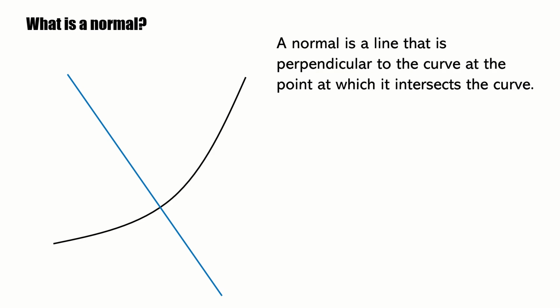That means also, as a side effect, a normal is always going to be 90 degrees to the tangent to the curve at that same point as well. Therefore, again, very similar to a tangent, you're going to find the equation of a straight line, but instead of just using the gradient of the curve, you're going to use the negative reciprocal of that gradient to turn it into the gradient that is 90 degrees to that.